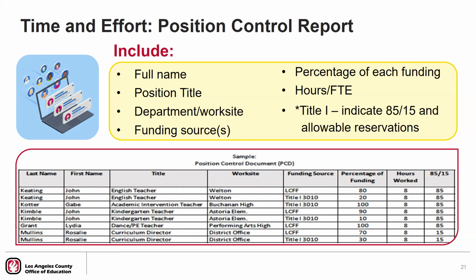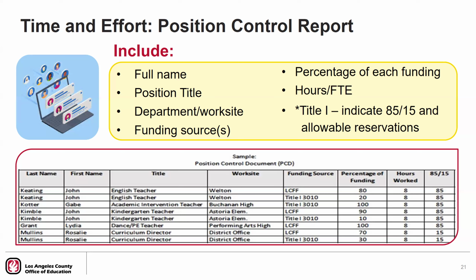The PCD must include the employee's full name, the position title in its entirety, location of position or department, the funding source or sources if more than one, the percentage of each funding source as applicable, hours of the position or full-time equivalency, FTE, and if the position is funded using Title I funds, you must indicate the 85-15% rule and allowable reservations.